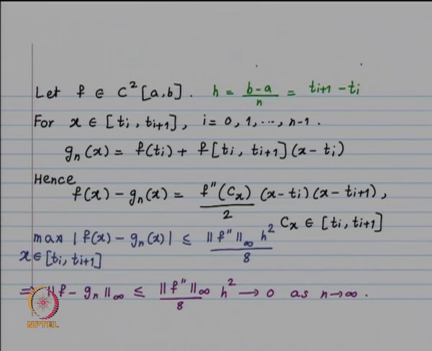So, it is the bound for the linear polynomial we had applied to the piecewise linear polynomial on each interval [t_i, t_{i+1}]. Thus, we have got the error in the piecewise linear continuous functions to be less than or equal to a constant times h squared, where the constant is the norm of the second derivative f double dash, its infinity norm, divided by 8.